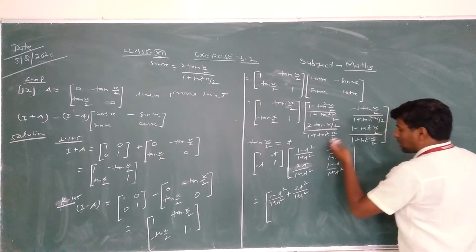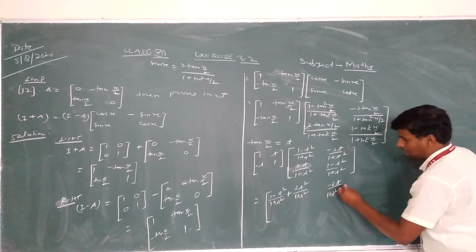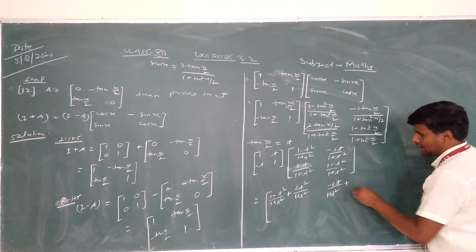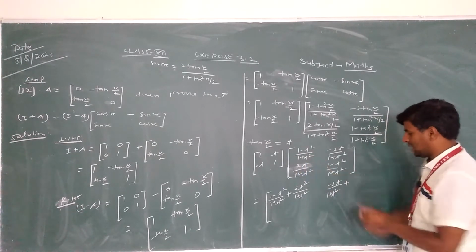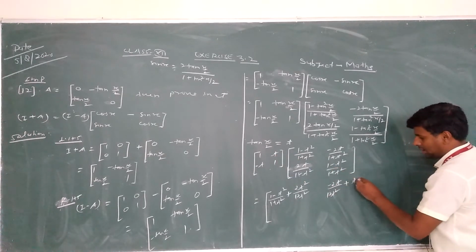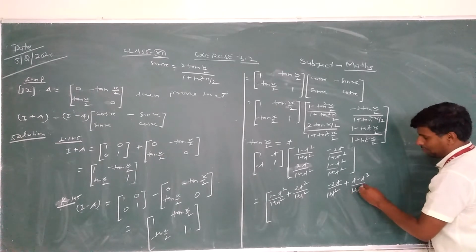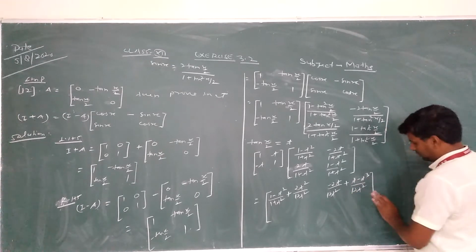Complete first row and second row: minus 2t by 1 plus t square multiplied by this t, and this t multiplied by this numerator gives t minus t cube by 1 plus t square.